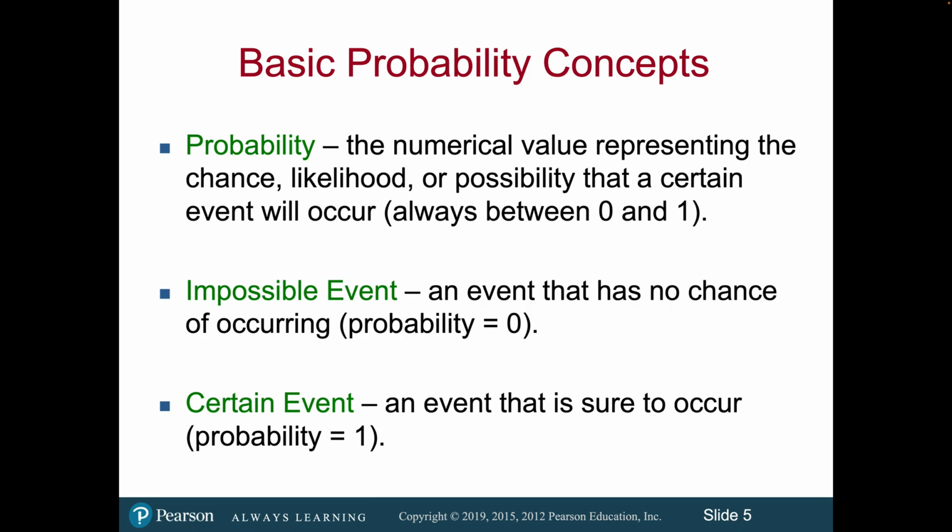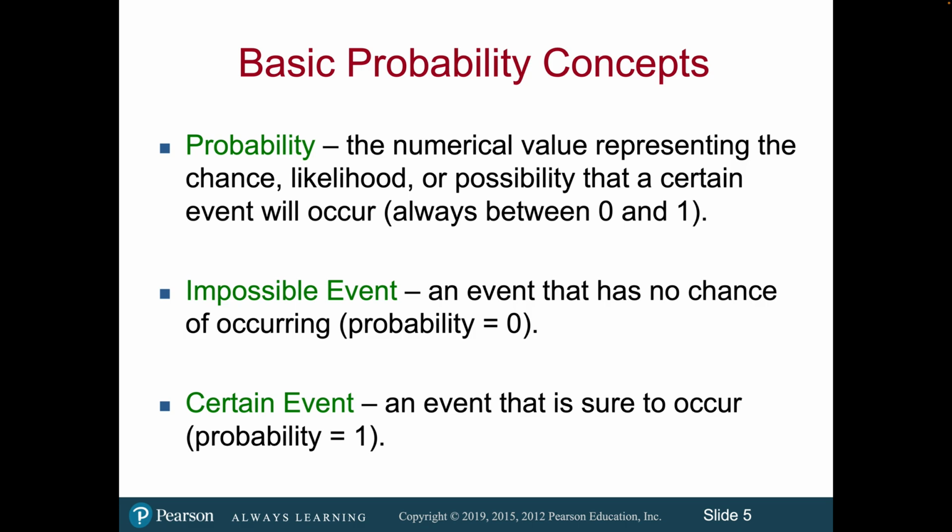Probability will always have a value between 0 and 1. If you calculate a probability that's above 1 or is negative, then you've made a mistake. An impossible event has a probability of 0. An event that occurs every single time is equal to 1. For example, if I roll a fair die, the outcome has to be either 1, 2, 3, 4, 5, or 6.